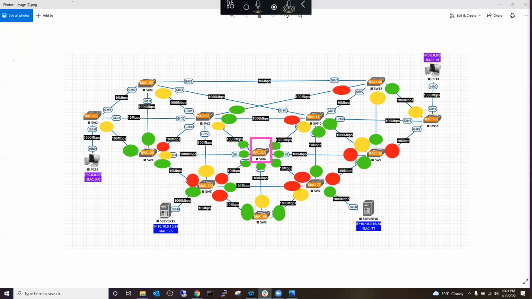It's a 1 gig link, so 1,000 megabits per second. What's the cost of that? That's 4. Perfect. So they have the same cost to the root for this triangle.